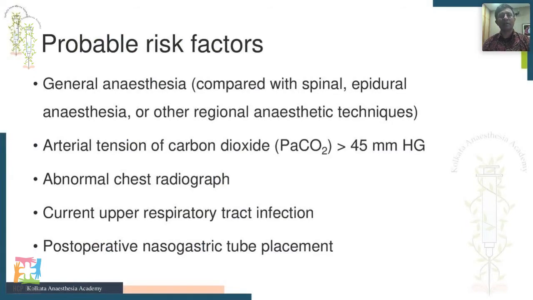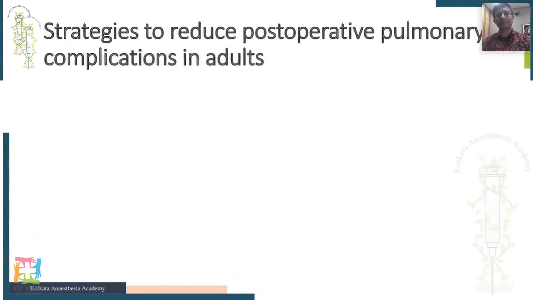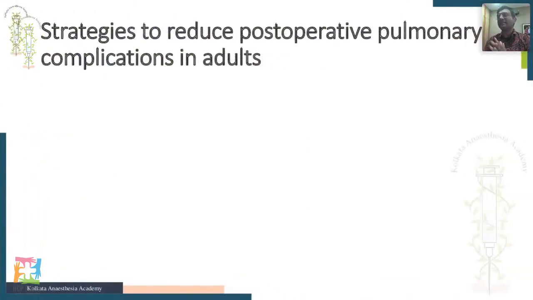Probable risk factors are GA instead of regional, baseline PCO2 above 45, an abnormal chest X-ray, current respiratory tract viral infection, and postoperative nasogastric tube placement.